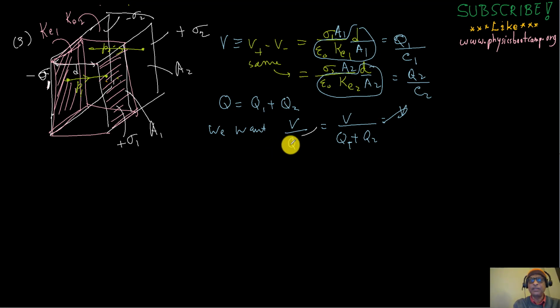Let's look at the inverse of this, Q over V. Then you have Q1 plus Q2 over V, and you have Q1 over V plus Q2 over V, right?